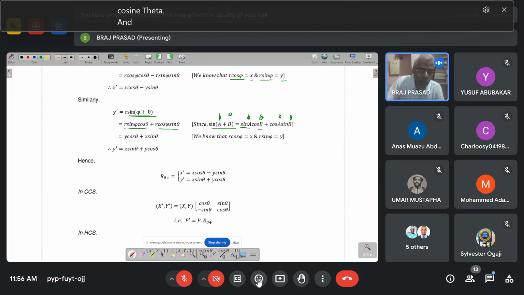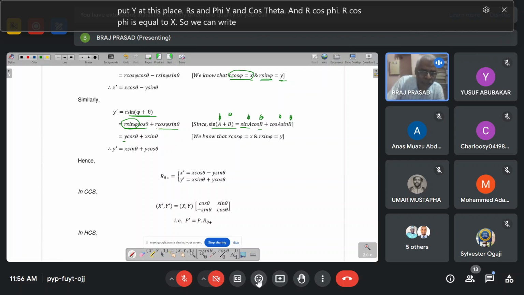And as we know, r sin phi is equal to y, so we will put y at this place, and r cos phi is equal to x, so we can write x at this place.